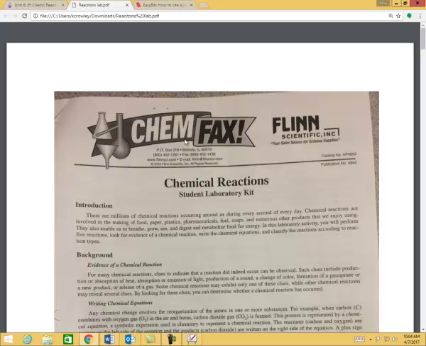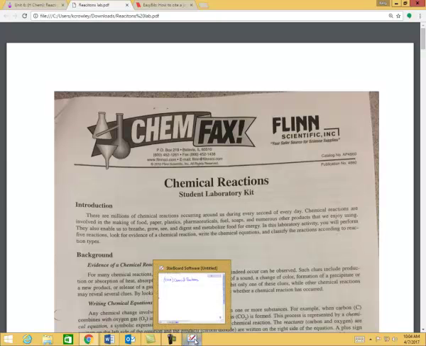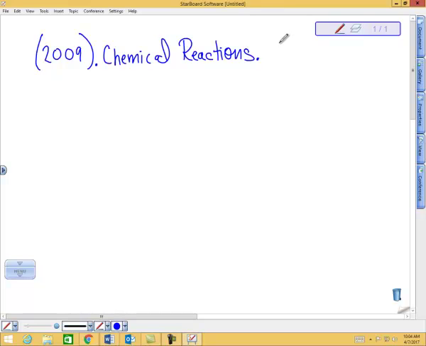All right, so I'm going to call it ChemFacts exclamation mark. Do you guys see the exclamation mark? So this would be italicized, and for me, I'm just going to do cursive, okay? And it is an exclamation mark, so you have to put that in there. ChemFacts. And then we're going to say Flynn Scientific.